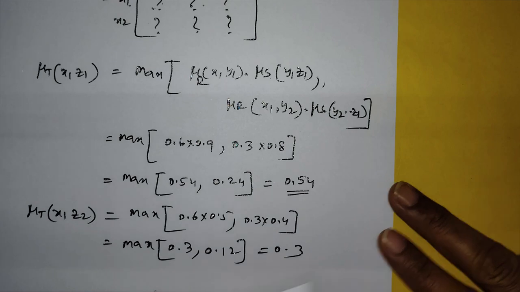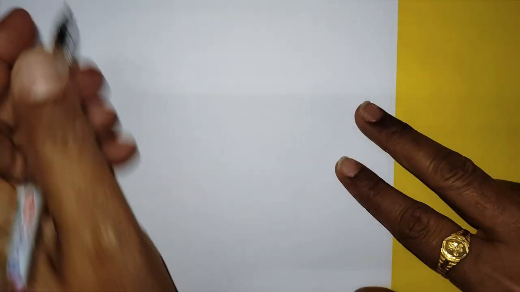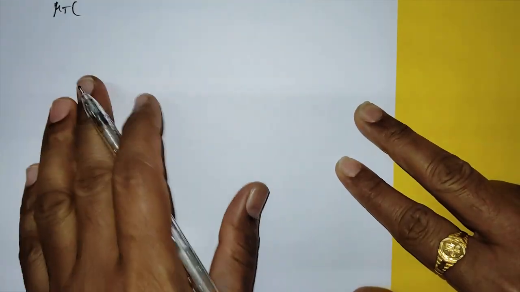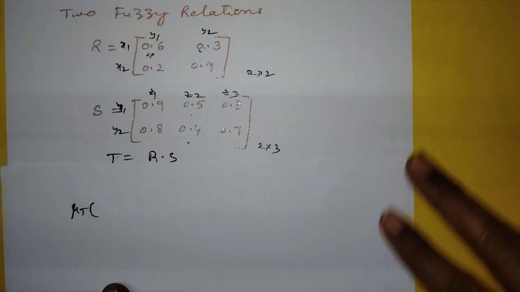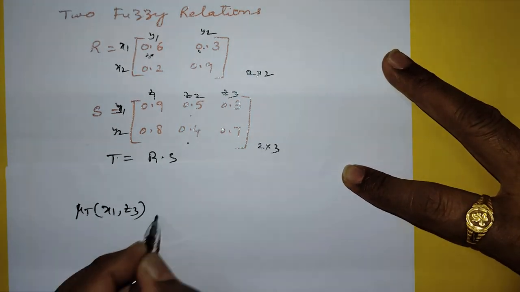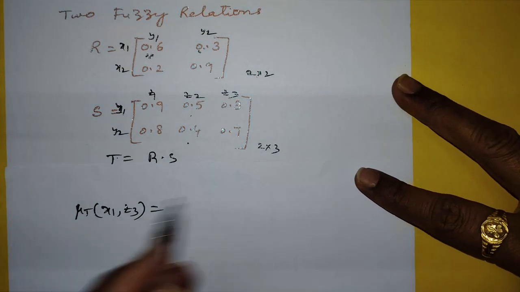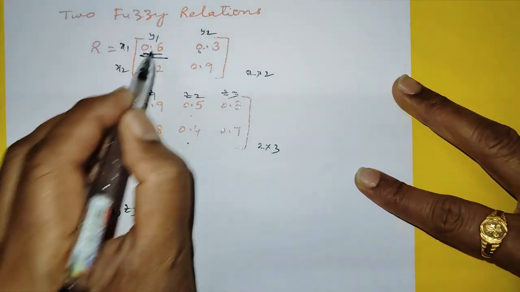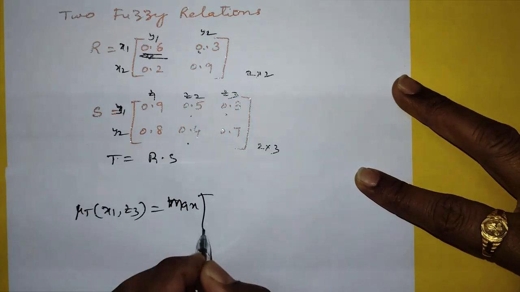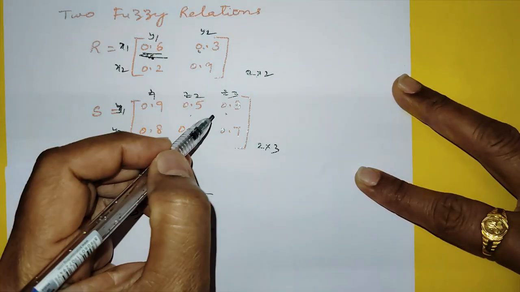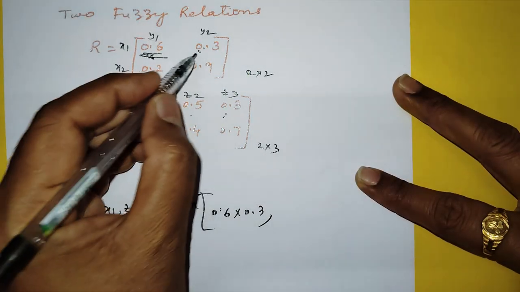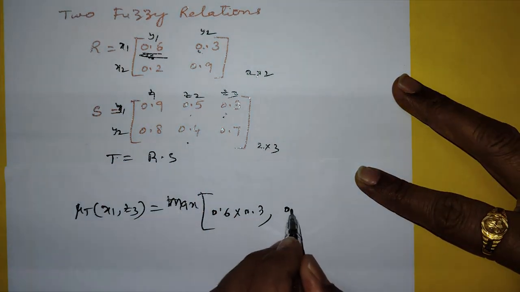The next step: x1 z3 is required. Mu t of x1 z3, how to obtain? Again, the maximum of the products 0.6 into 0.3, comma, 0.3 into 0.7.